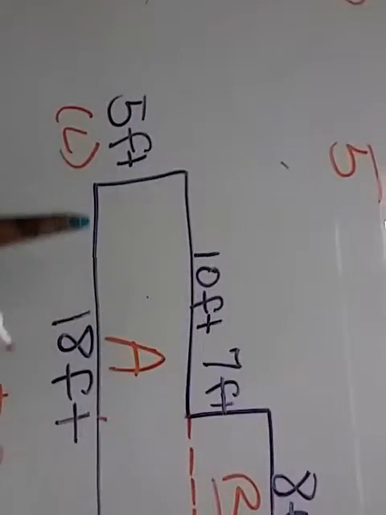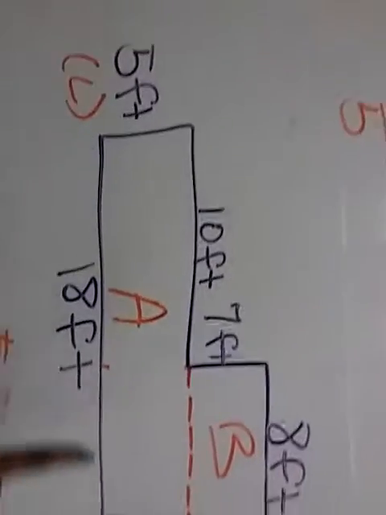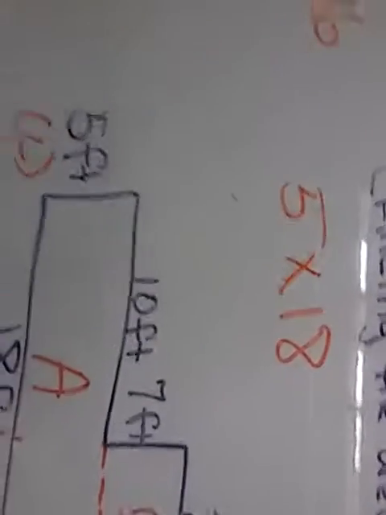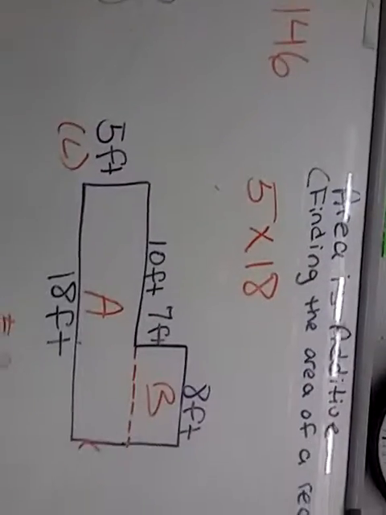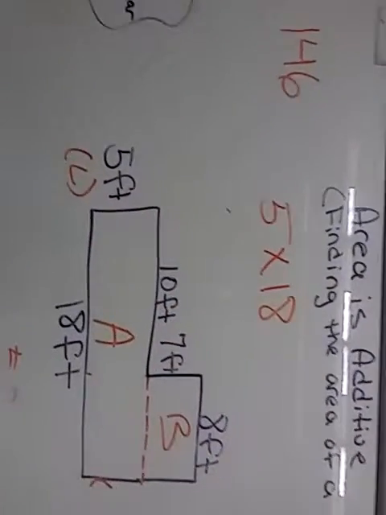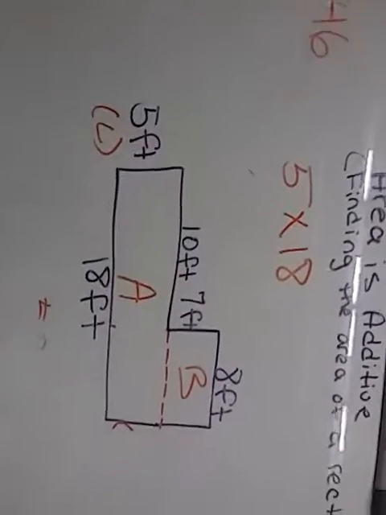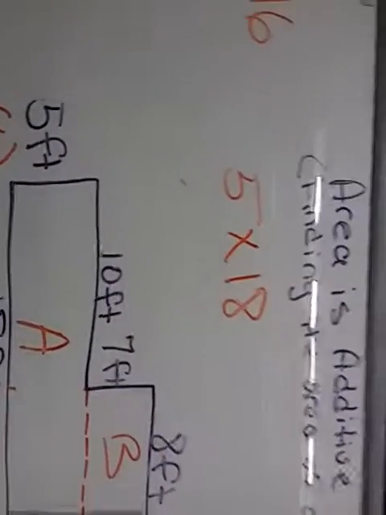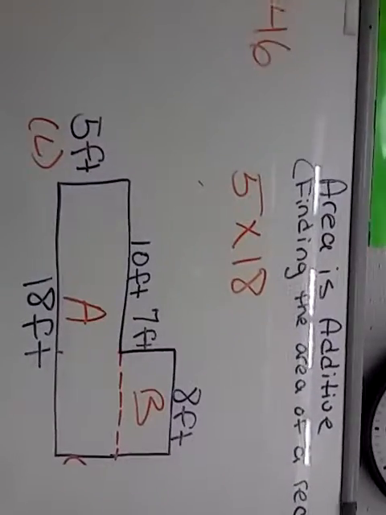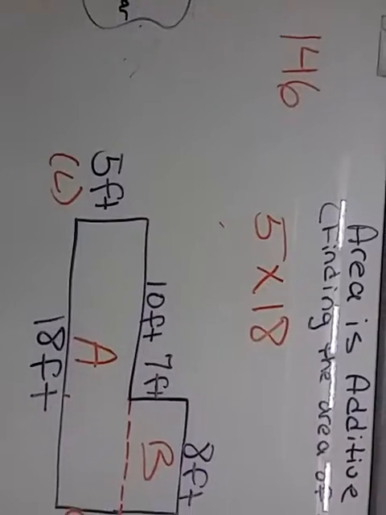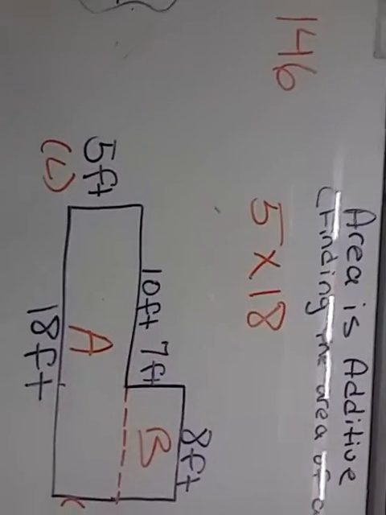So our width now is 18 feet. And you're looking like, okay, how can they multiply 5 times 18? Well, we've been working on the distributive property. So we can use the distributive property to solve this big multiplication equation.